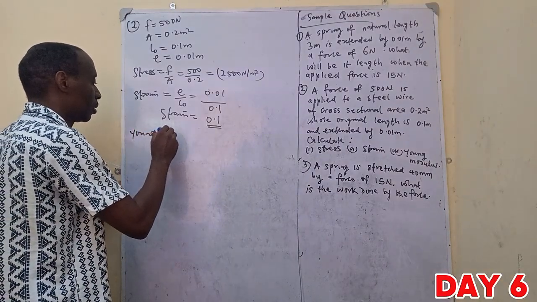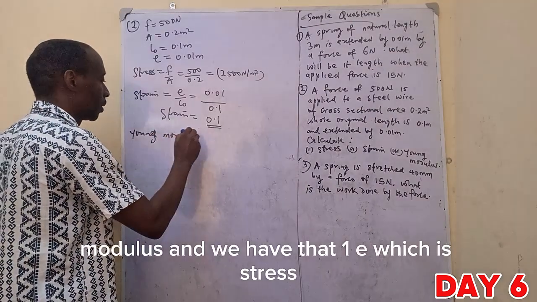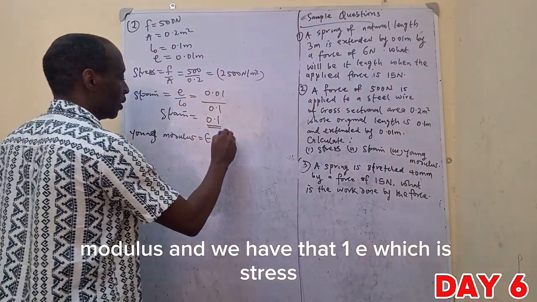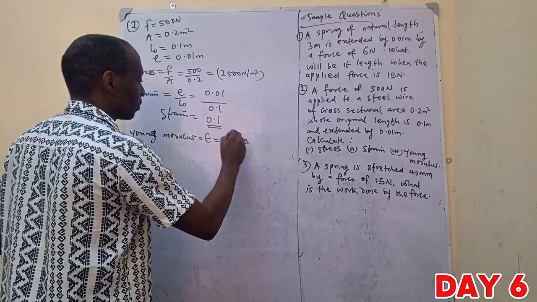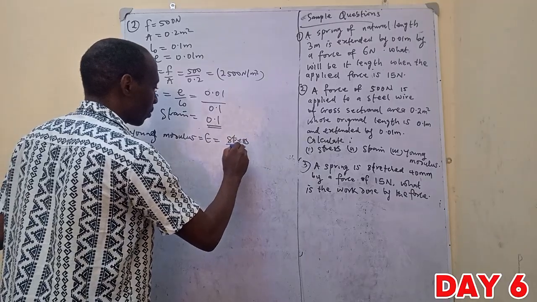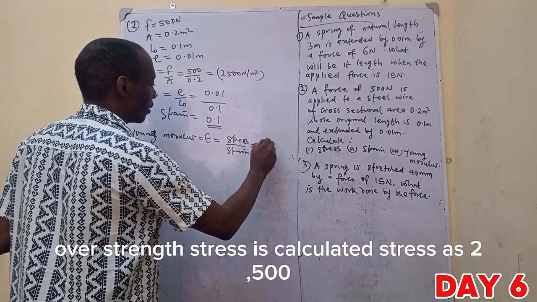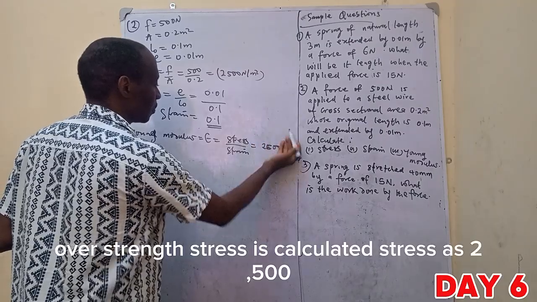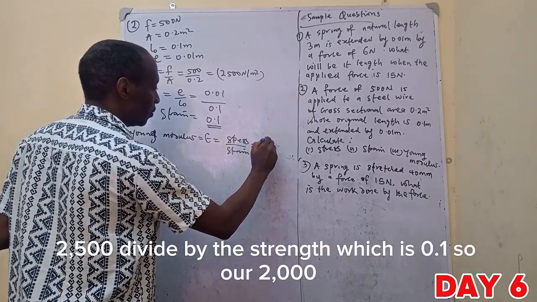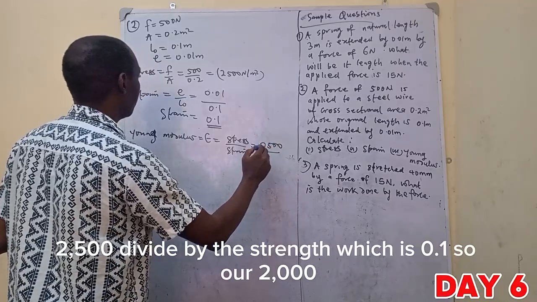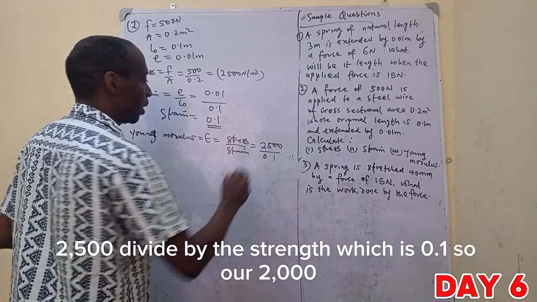Then let's look at the third one, Young modulus. We have that one, E, we say stress over strain. We have calculated stress as 2,500, divided by the strain, which is 0.1.